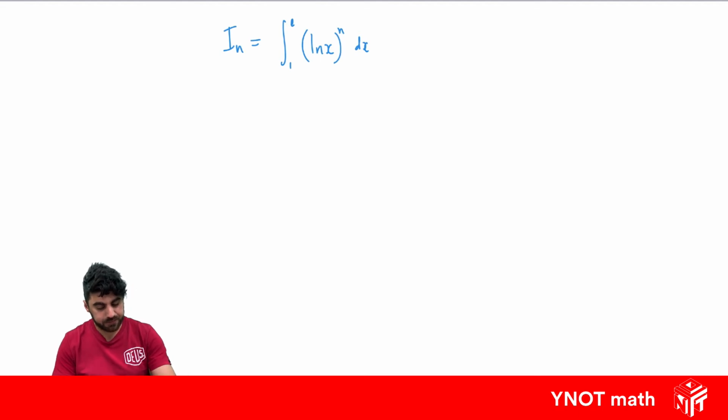We're going to let u equal (ln x)^n and dv equal dx.